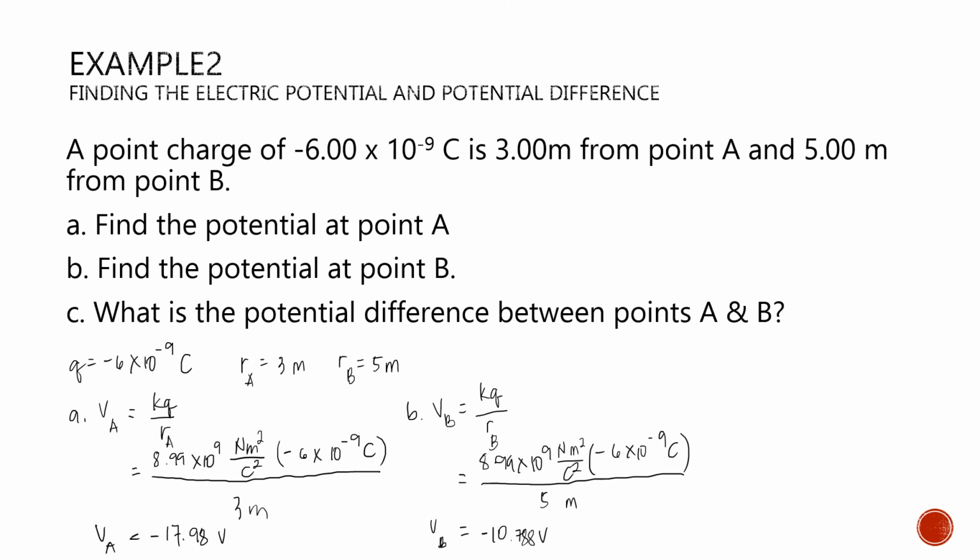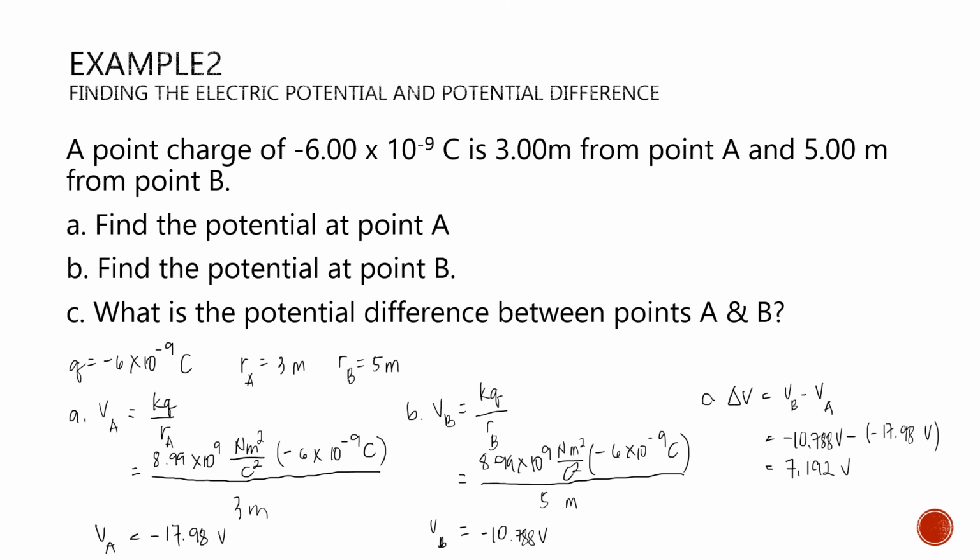So for the potential difference between A and B, the change in potential, from A to B, so B minus A, it's negative 10.788 volts minus negative 17.98 volts. So that's 7.192 volts.